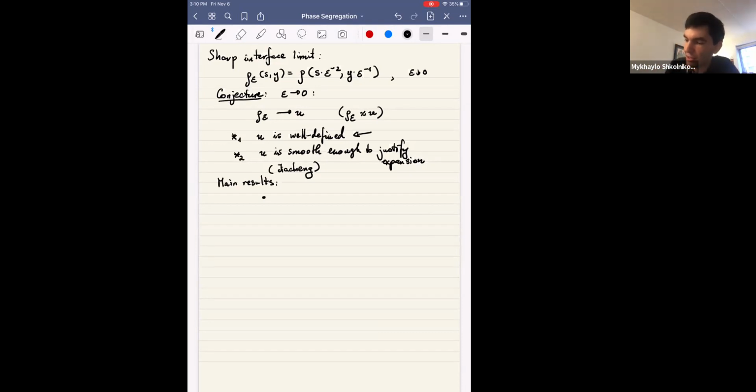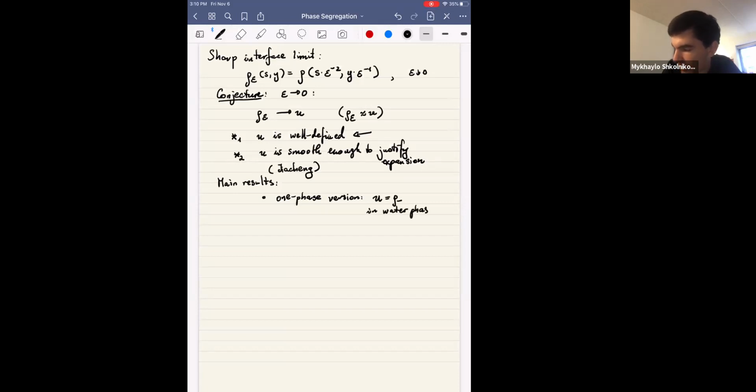On the one hand, if you are in the one-phase version of the problem, what I mean by one-phase version is that I take u to be constantly equal to rho minus in the water phase.